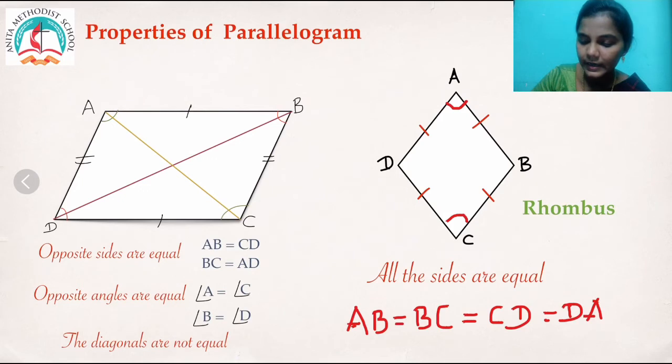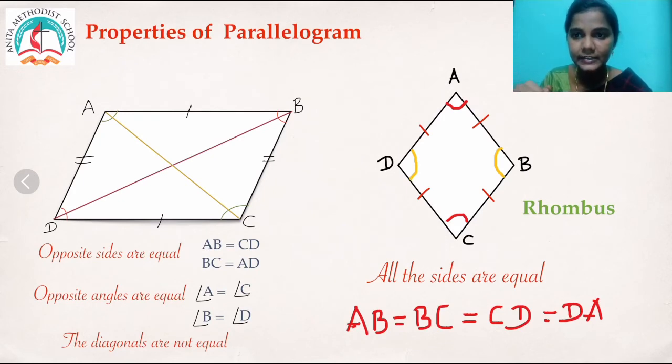Angle A is equal to angle C, then angle B is equal to angle D. Then the final property, the diagonals are not equal. In rhombus also the diagonals are not equal. The diagonal from A to C is not equal to the diagonal from B to D.